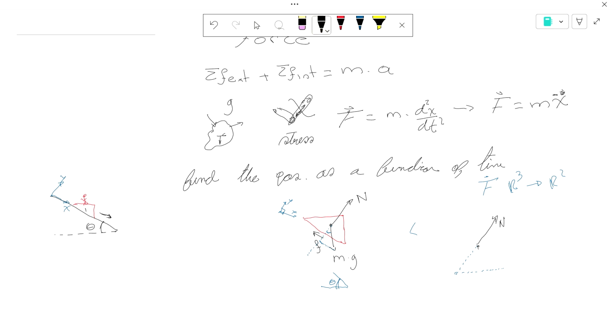This is more like this. There you go. Okay, cool. Now I should have it. So now this goes like that, goes like that. Okay, so this angle right there is theta, right? Which is this angle right here.